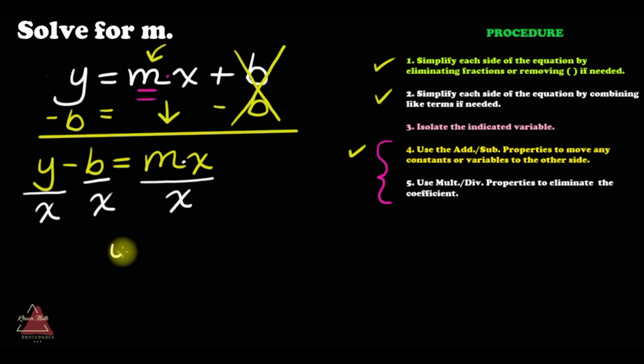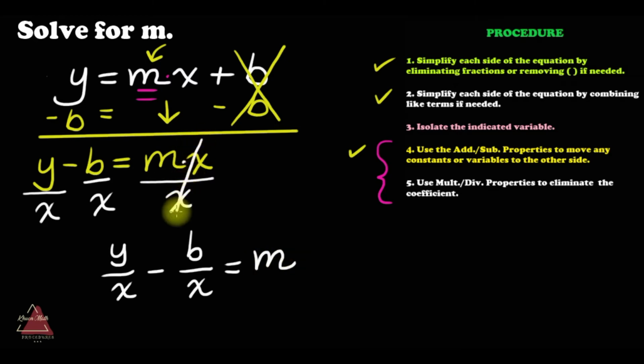Okay, so you have y over x take away b over x, and then on the other side you're just gonna have m, because the x over x divides into 1, so 1m is the same as m.